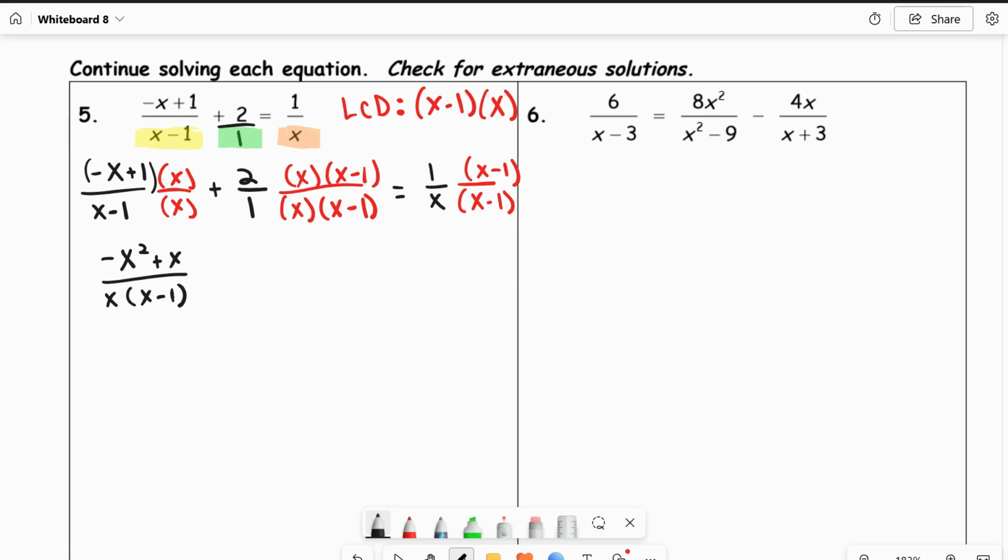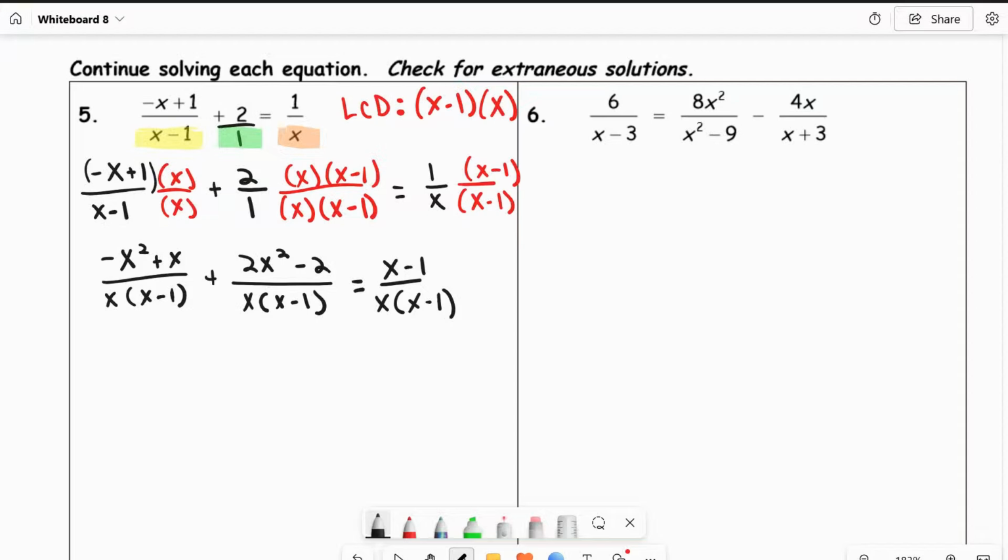Over here, I'm going to have 2x, and then I'm going to distribute that. So 2x times x, which would be 2x squared, 2 times negative 1, which is negative 2, over my common denominator. And then in my last fraction, I've got 1 times x minus 1, which is just x minus 1, over x times x minus 1.